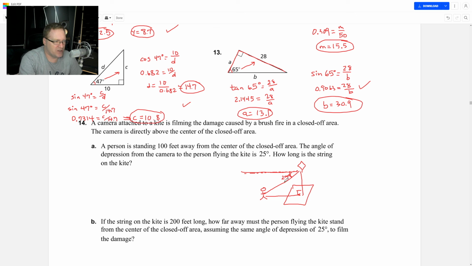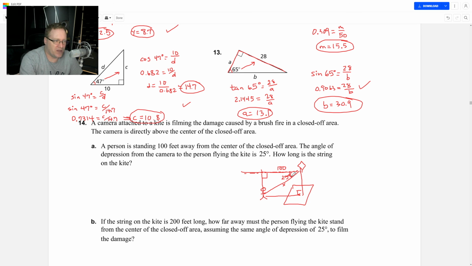How long is the string? We want to know how long is the string, which is the hypotenuse of this triangle. We're going to draw an upside down triangle right here. This angle is 25, and we know that this distance from here to here is 100. And we want to know how long this is, x.